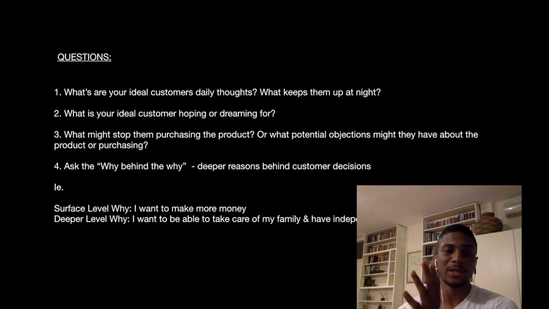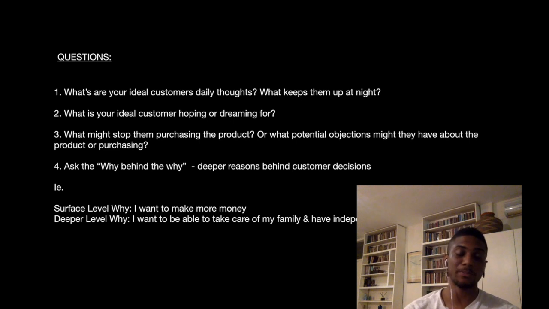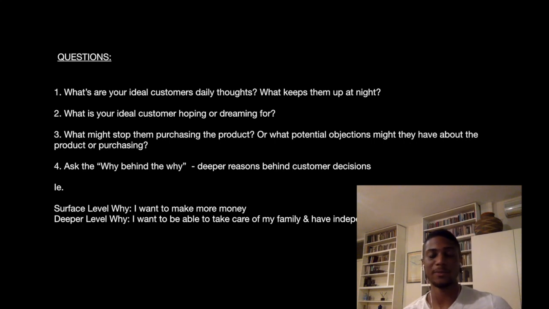Another thing you want to make sure you do when answering these questions in your research is ask the why behind the why. So basically these deeper psychological reasons behind why customers buy specific products. On the surface of things, you might think this is the reason. For example, buying an iPhone. The simple surface level why is I want a phone, I want to make calls.